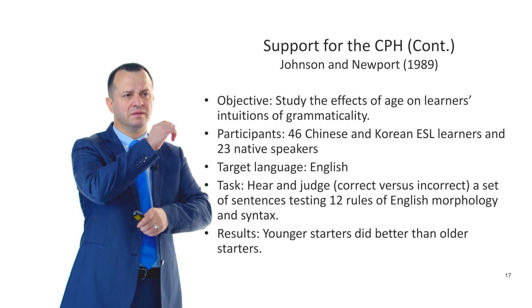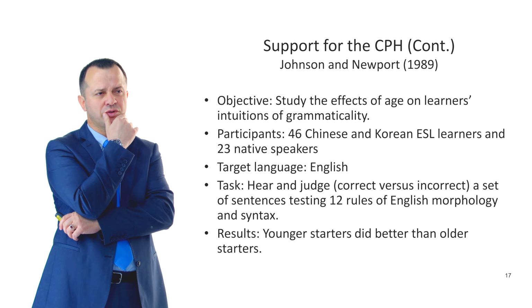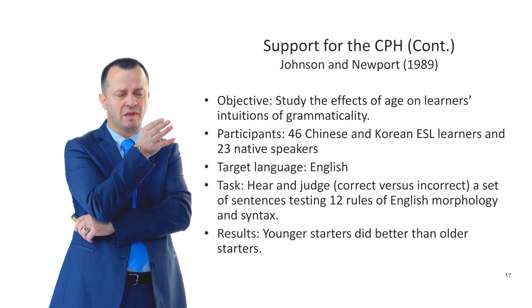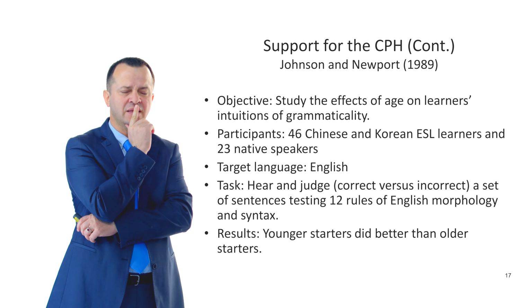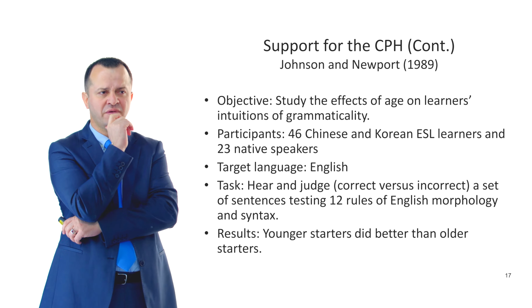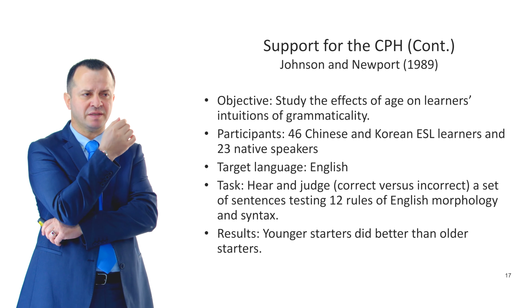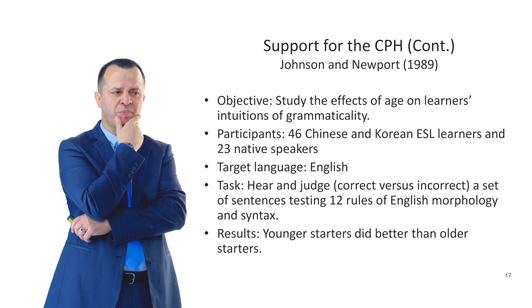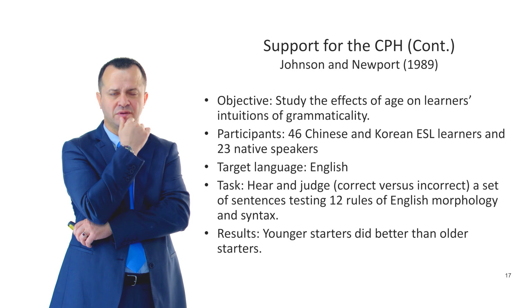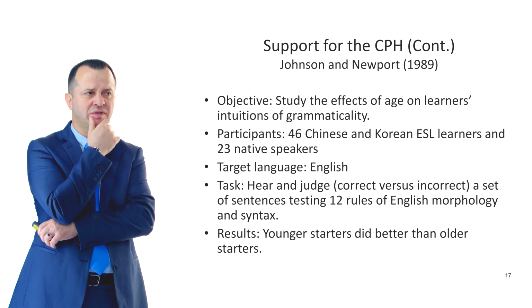There is another research study that included 46 Chinese and Korean English as a second language learners and 23 native speakers. Again, the target language is English. The result: younger starters did better than older starters. Another proof for the CPH.